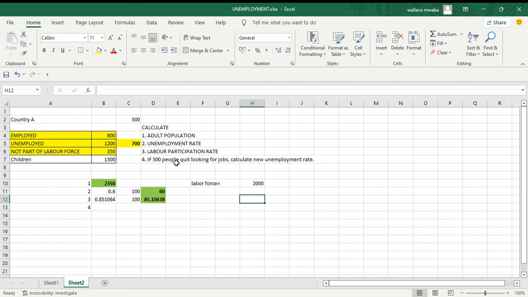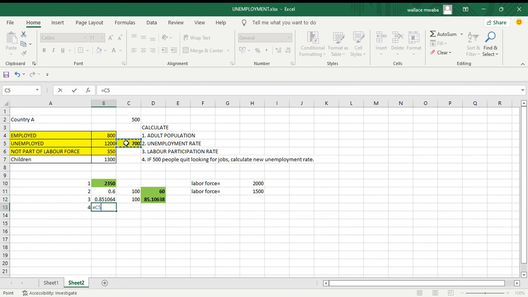Since we're going to have a new labor force, our labor force is going to be 800, the employed people, plus 700, the new number of unemployed people. So our new labor force is 1500. So now to calculate the unemployment rate, we're going to say 700 divided by 1500.